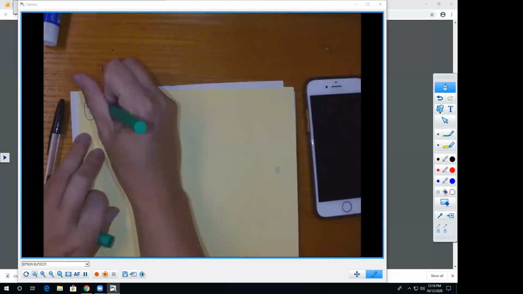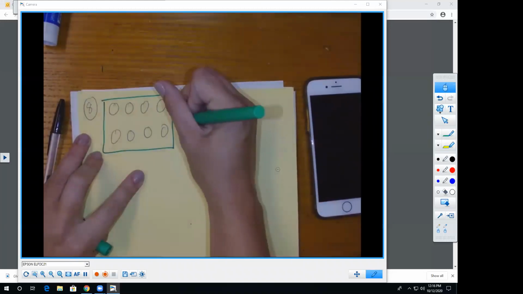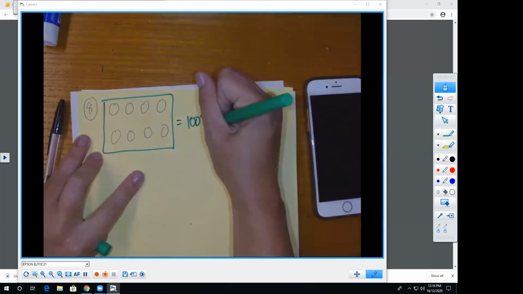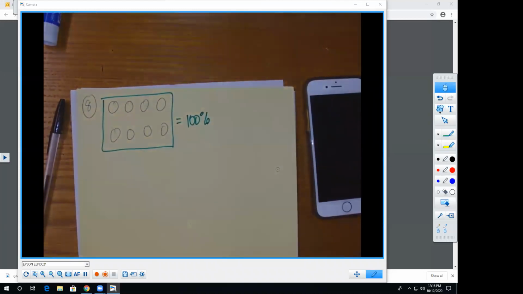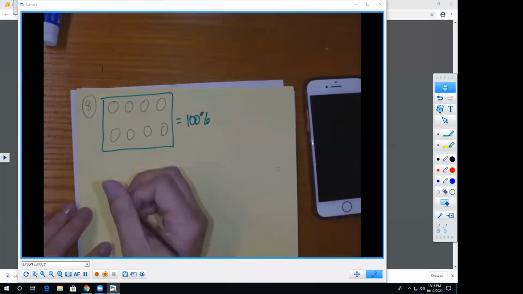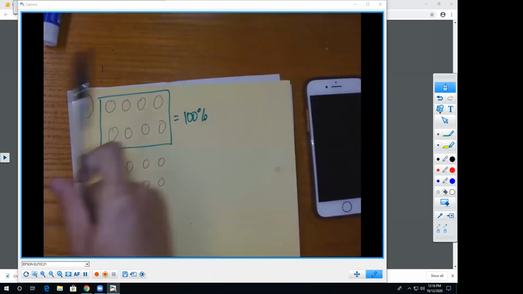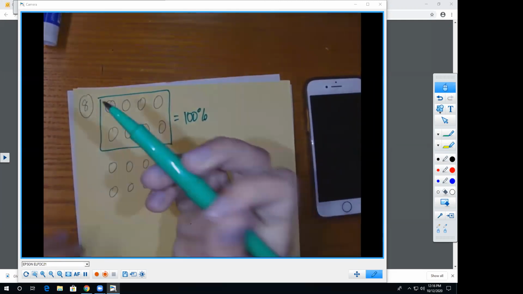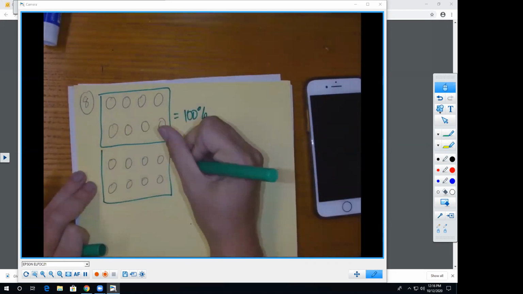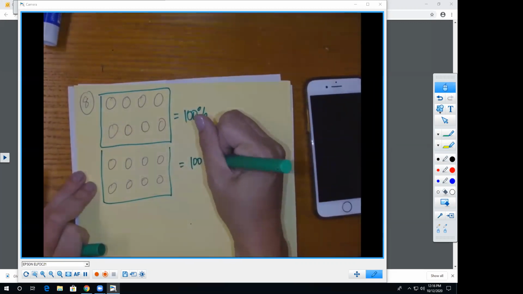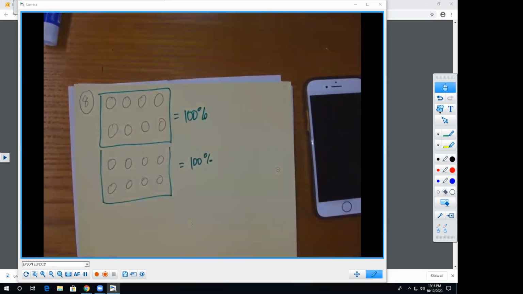So the 8 chips it gave me, that is 100%. So if I want 225%, I need to put another 100% on there. So I'm going to draw 8 more chips. So that's another 100%. So now I have 200%.